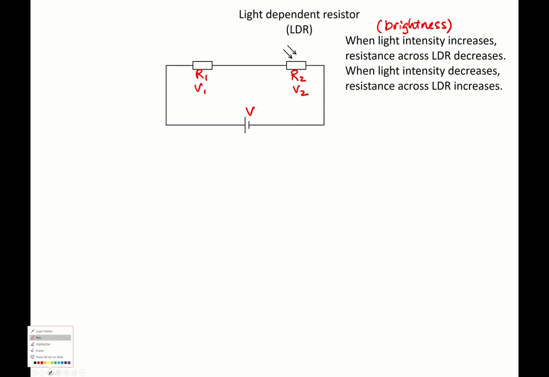We start off with the bright condition. So when the surrounding is bright, R2 decreases. And we know V and R1 are constant.